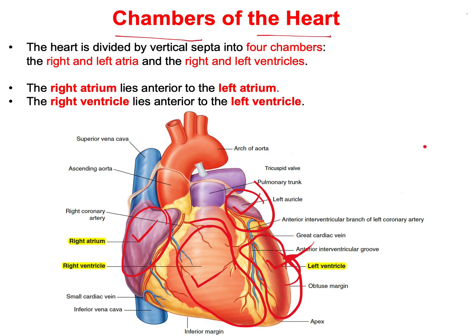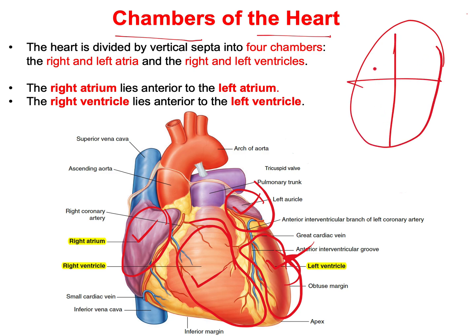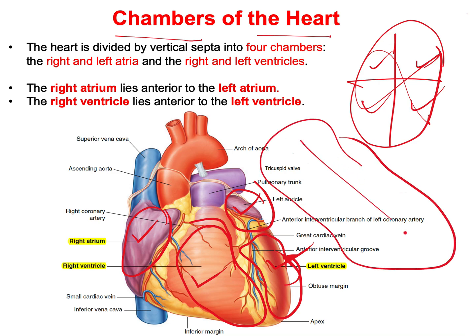So, as I mentioned before, the heart is not like that: right, left, right, left. No. The heart is like in this position. So the right atrium is anterior to the left atrium. The left atrium is posterior. It forms the greater part of the base of the heart that's located posteriorly against the esophagus, if you remember, which is important.